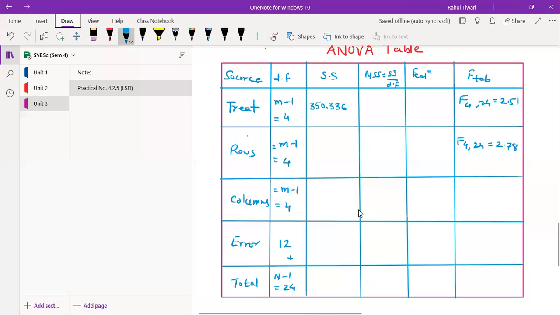This is 140.704. This would be 184.176. This would be 302.824. And the total is 977.54.